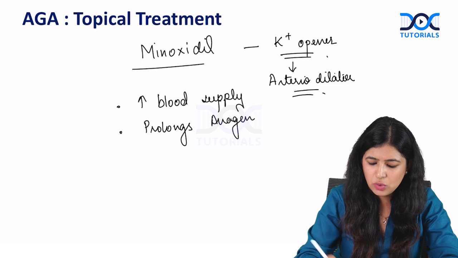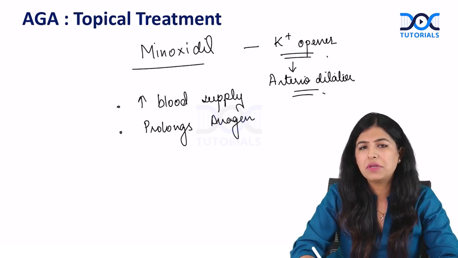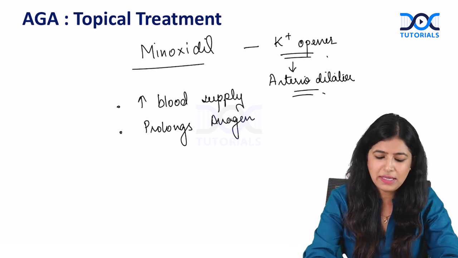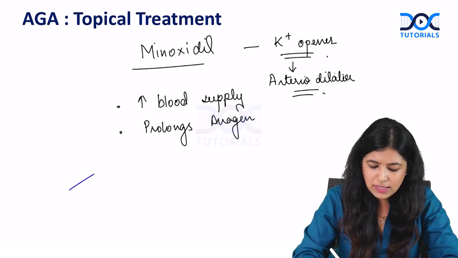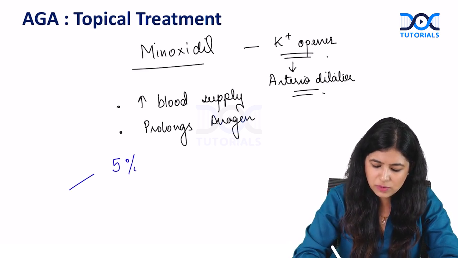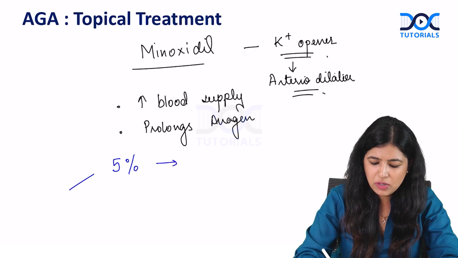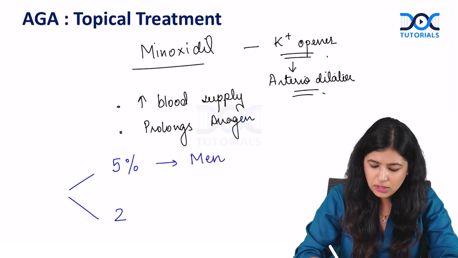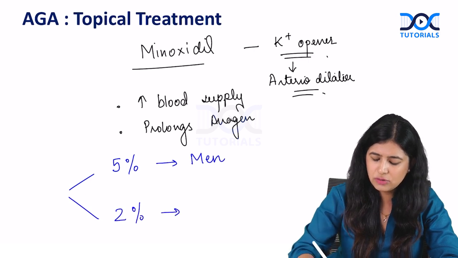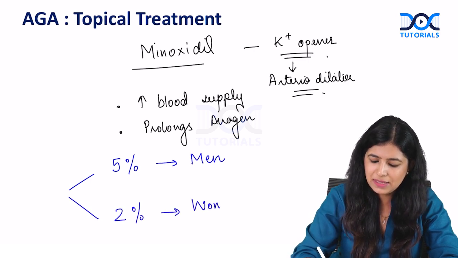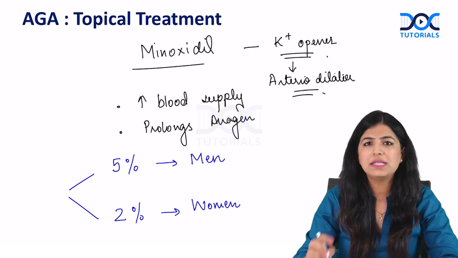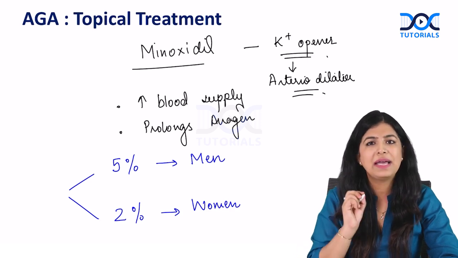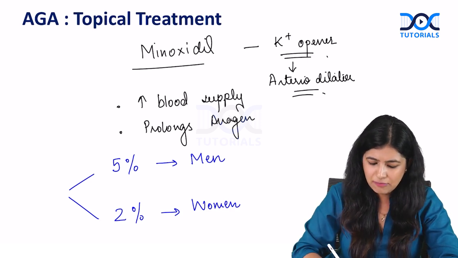So these are the two ways by which minoxidil is beneficial in AGA. Now, what is the concentration that we use? We use 5% minoxidil twice daily in the men and 2% minoxidil solution twice daily in the women. Important to know the percentages: 5% in men and 2% in the women.